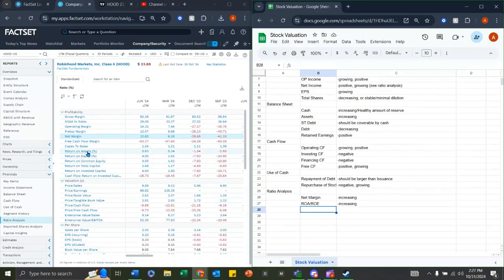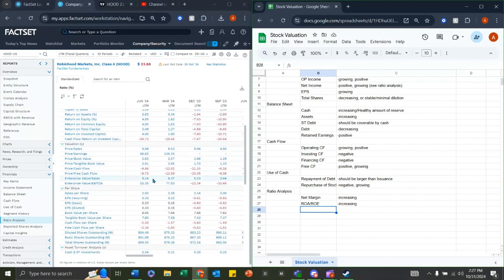Return on equity is arguably more important, which is nice because Robinhood's is increasing a bit further. Return on assets, it is definitely an important one, but for the life of me, I cannot tell you what it is, but I swear I'm educated.